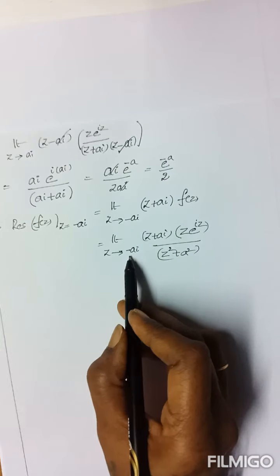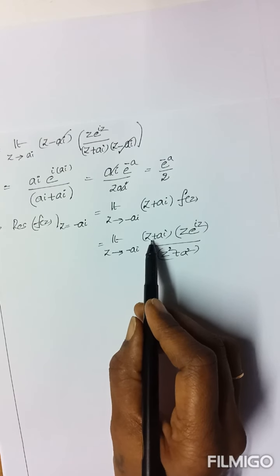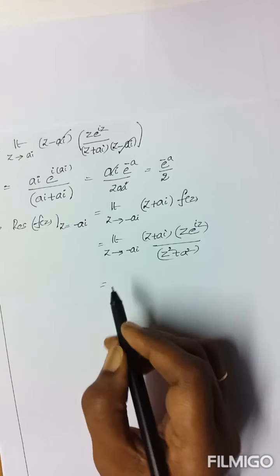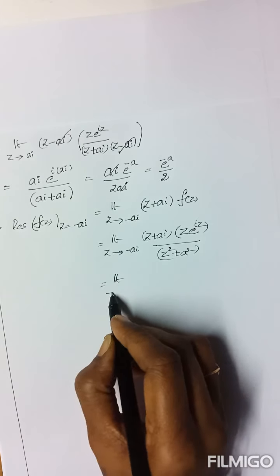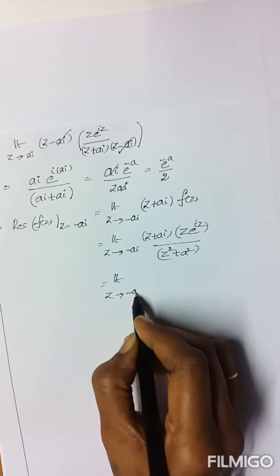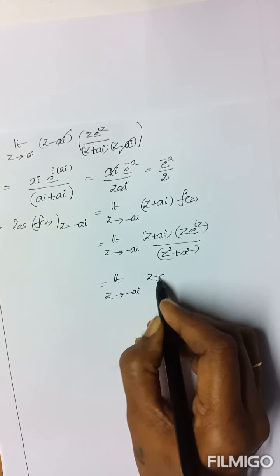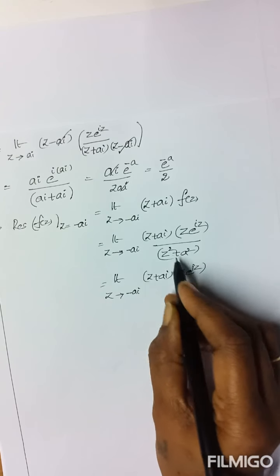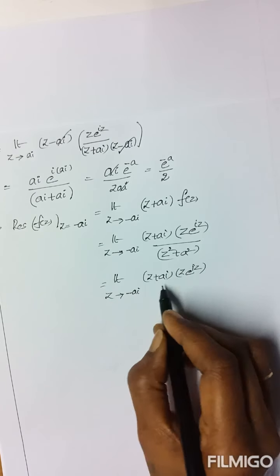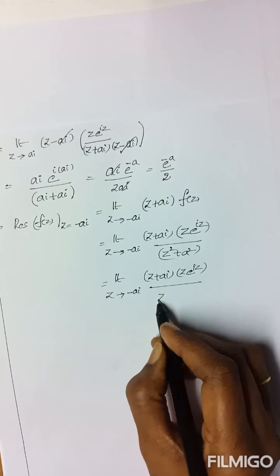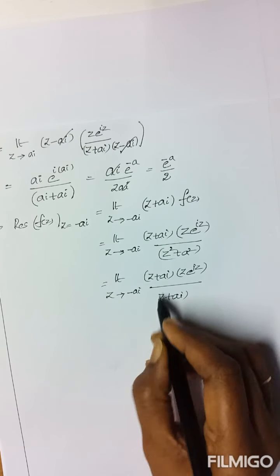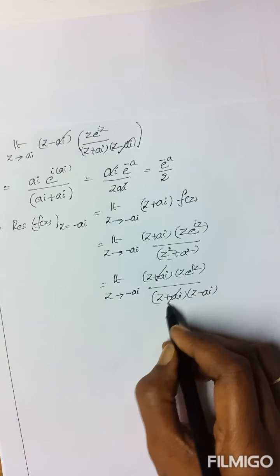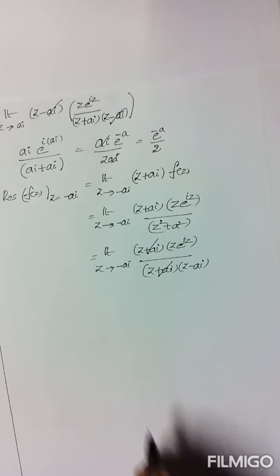Here also, if you put z equal to minus ai, numerator 0, denominator 0, the result is undefined. So for the limit of z tends to minus ai of (z plus ai) z e power iz, the factors of the denominator are z plus ai into z minus ai.